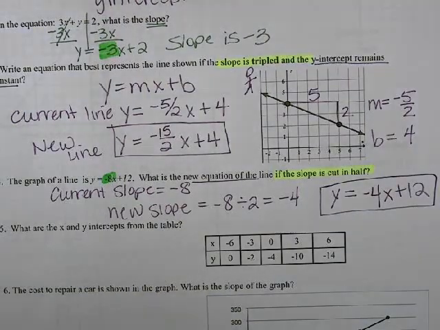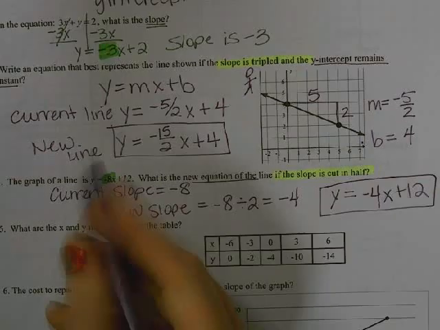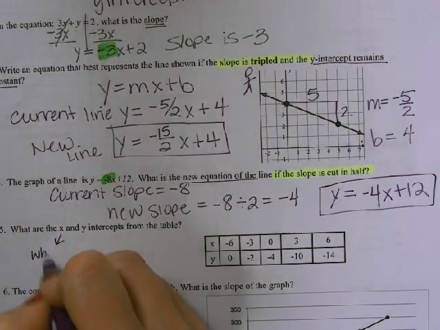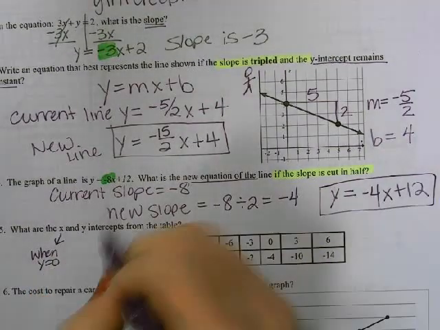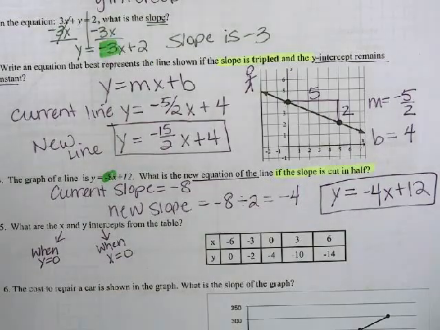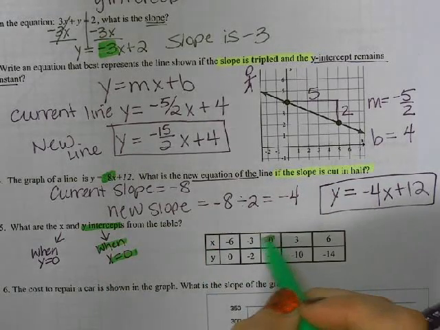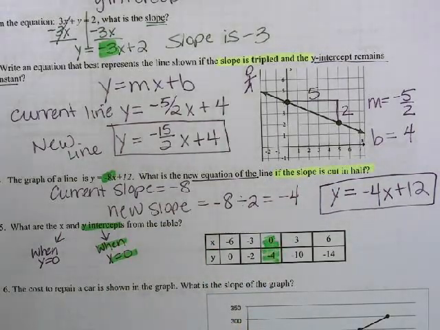Okay. Number 3, the x and y intercepts from the table. So remember, the x-intercept is when y equals 0. The y-intercept is when x equals 0. So I'm going to make my y-intercept green, find when x equals 0, and highlight it.